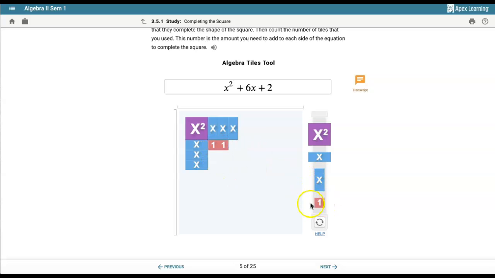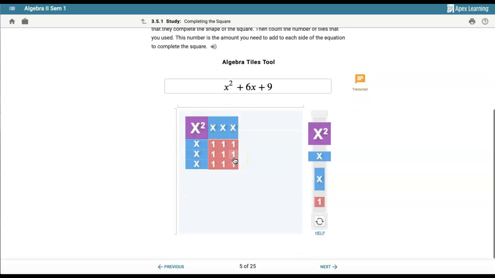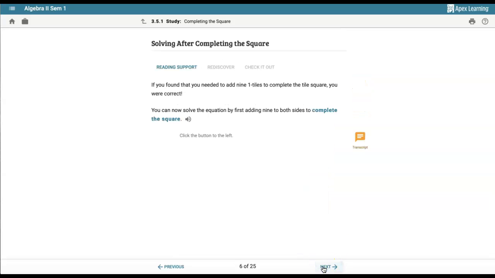But if I layer them up, there we go. We're filling it in to complete this square. So we had to add 9. We can add 9 and it now completes this square. And that's kind of how they want you to think about this.